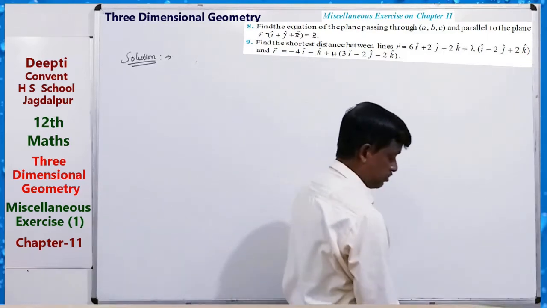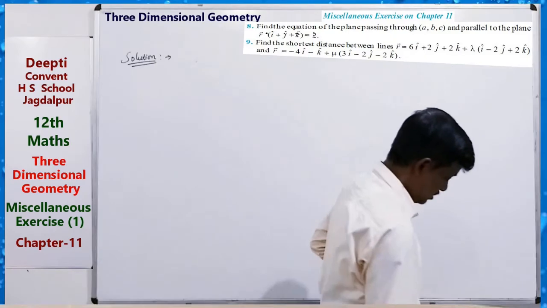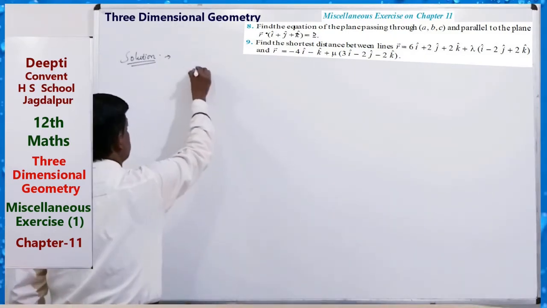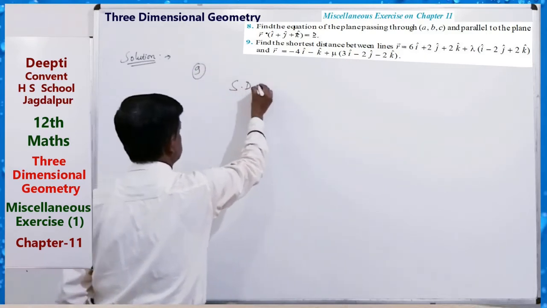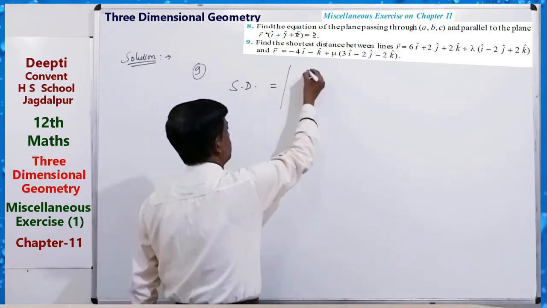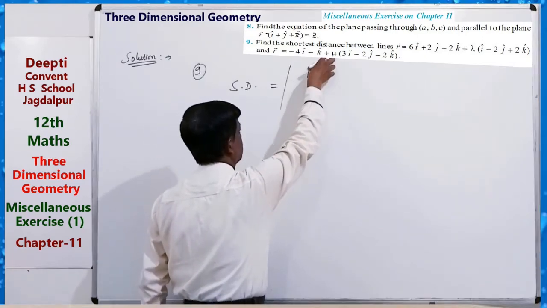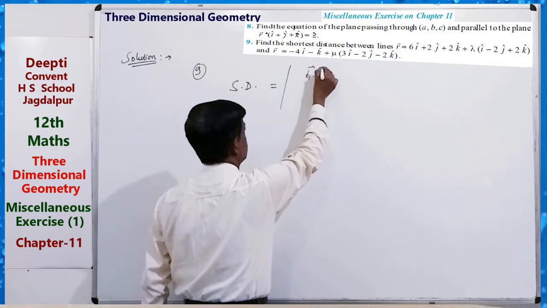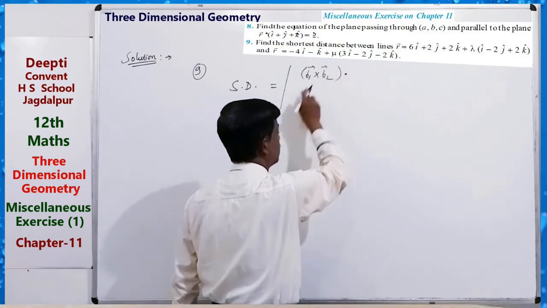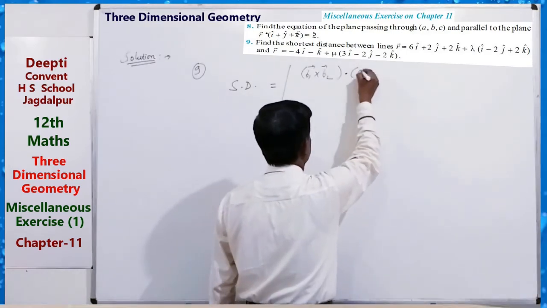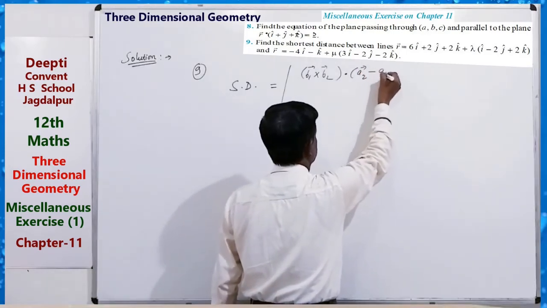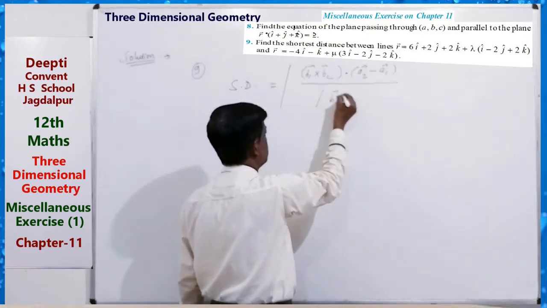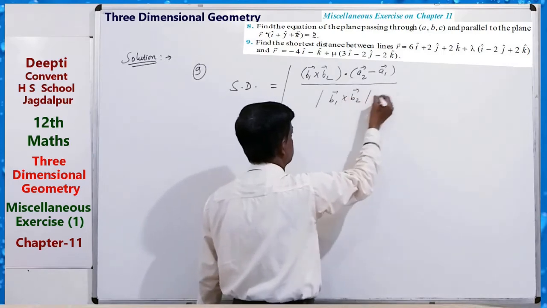What is the formula for finding the shortest distance between two lines like this, in question 9? The shortest distance equals the mod of b1 cross b2, the vector cross product, dot a2 minus a1 vector, upon the mod of b1 cross b2.